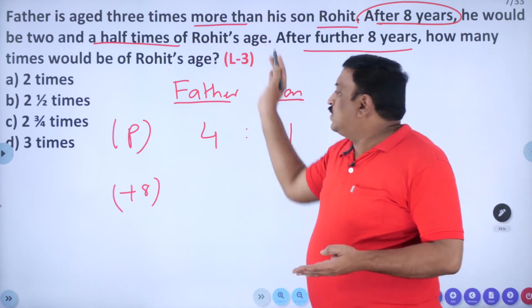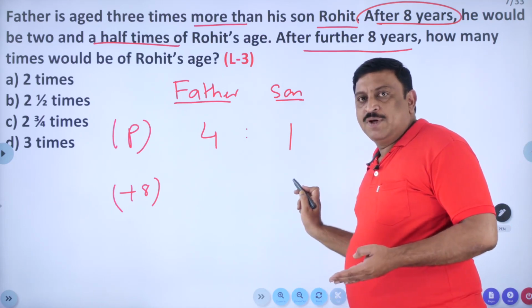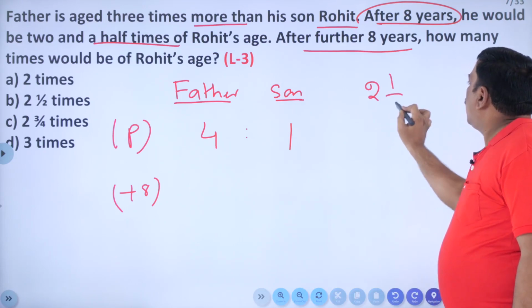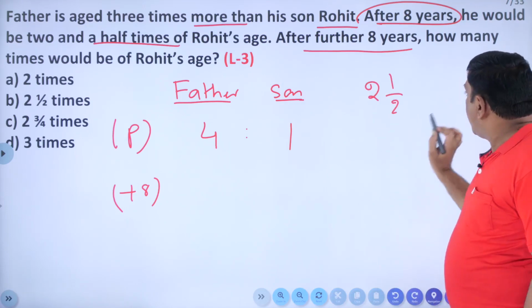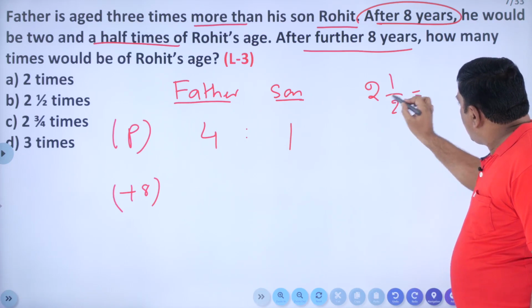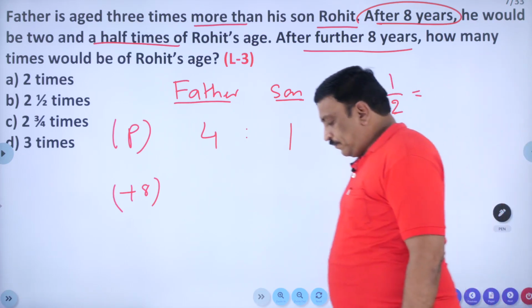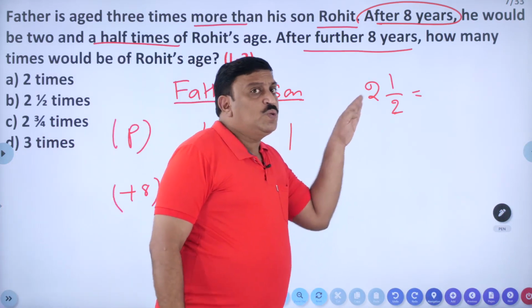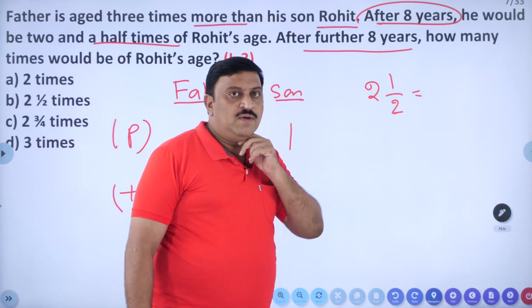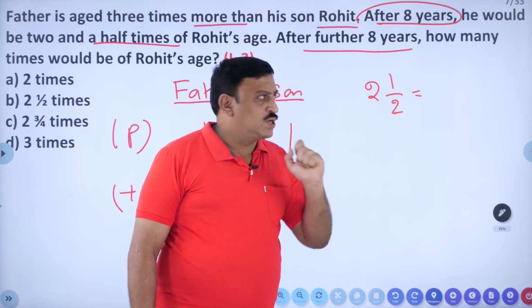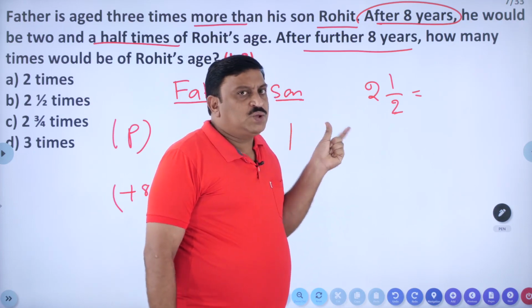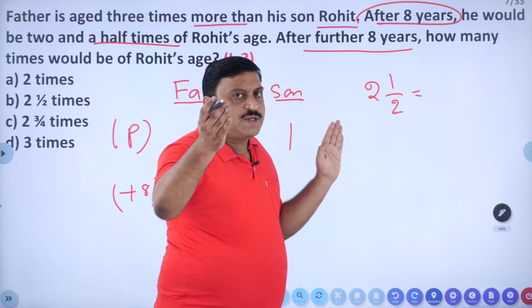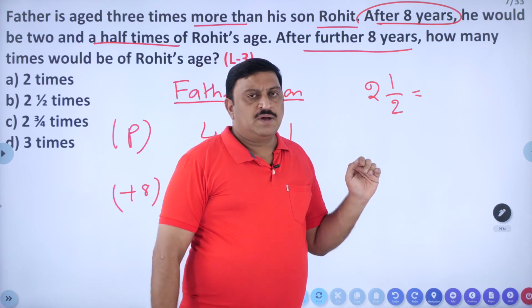If it is 2 times, we'll say 2:1. 2.5 times means how to make this one? 2.5 means what? Is it 2 plus half or 2 into half? Small discussion. Some people say 2 into half.